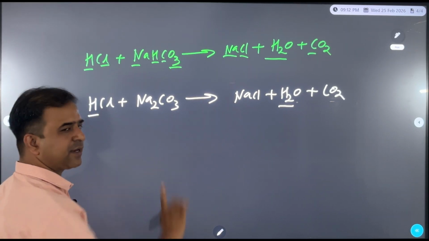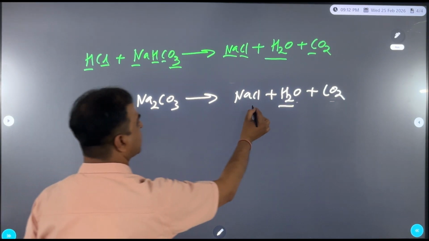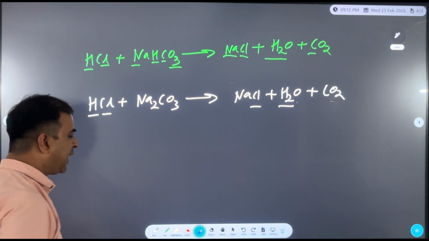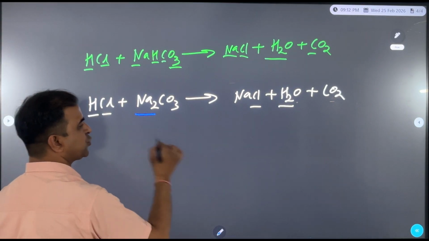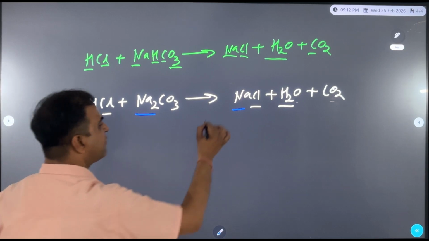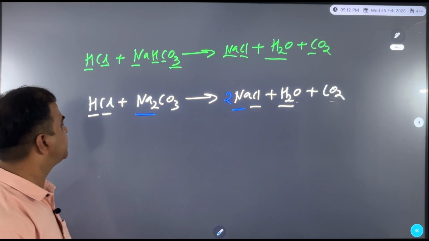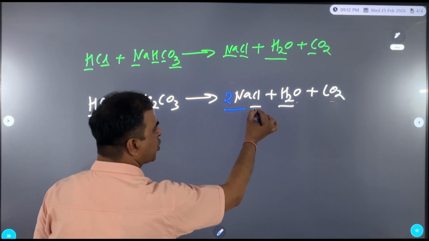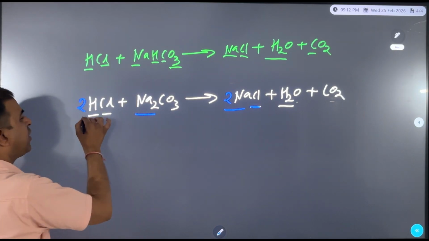Carbon 1 in number, 1 in number, it is balanced. Chlorine is balanced because it is 1, here also it is 1. Now if we have to balance this, same way check for sodium, it is 2 in number, here it is 1. So since sodium is 2, I will put 2 over here. Now sodium is balanced. But when I keep this 2 here, this chlorine is also becoming 2 in number, so I have to put 2 on this side.